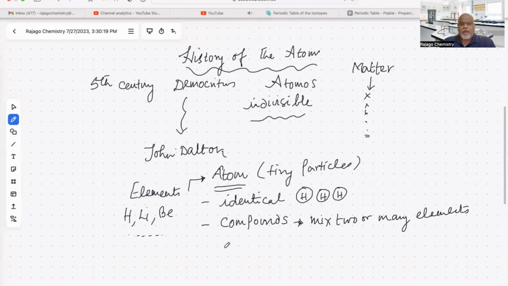Okay. And in these compounds, the ratio will always be a whole number. Okay, whole number. So it will not be a fraction.